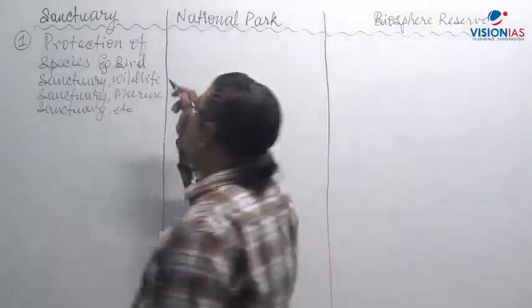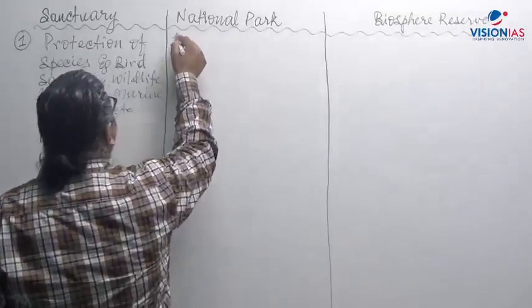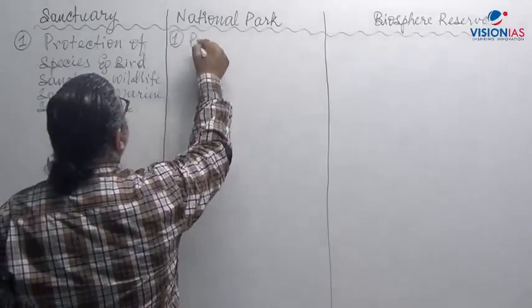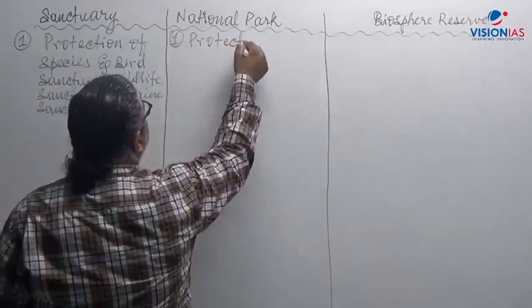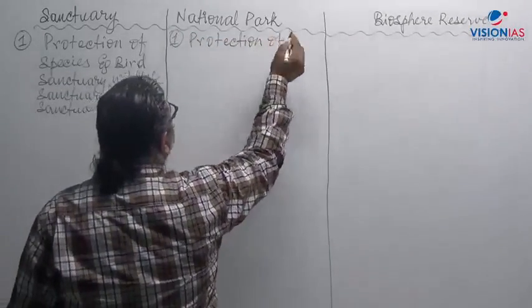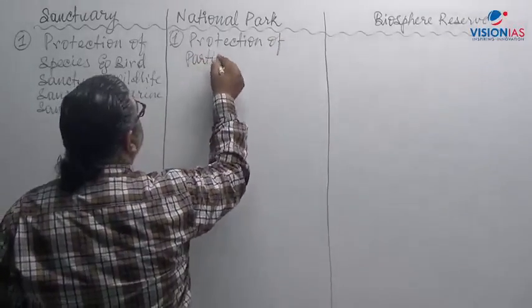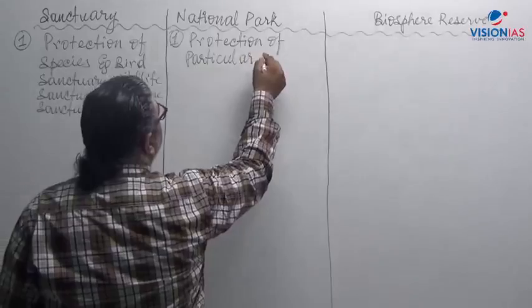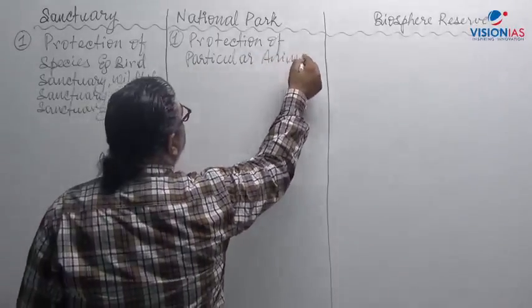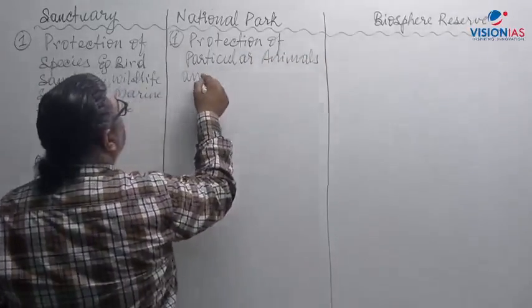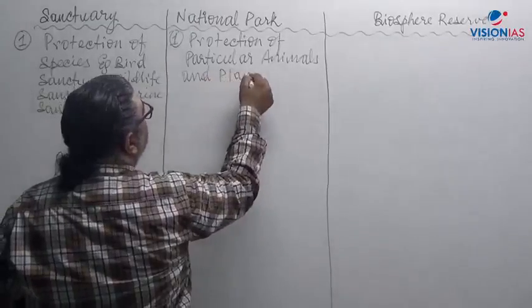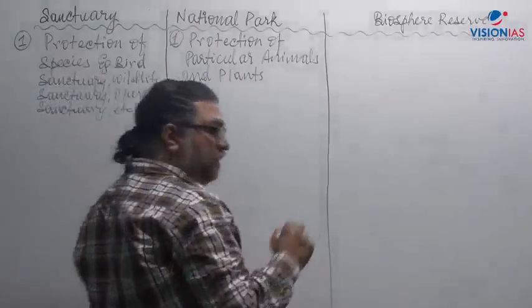Then comes here what? Here, highest protection is given to national park. That is here, protection against particular species, particular animals and plants which require more protection there. I'll change the marker there.